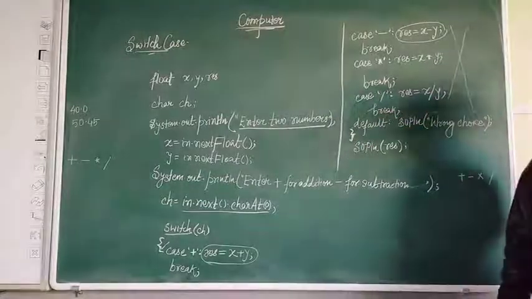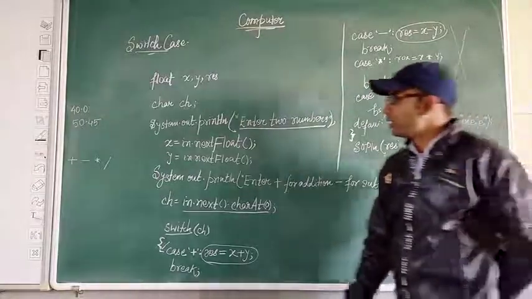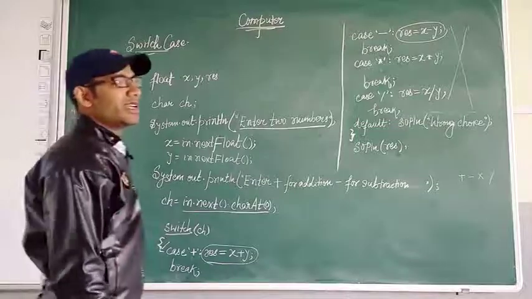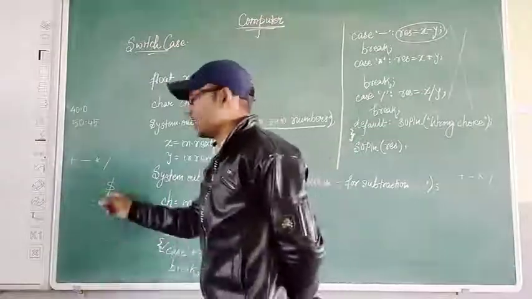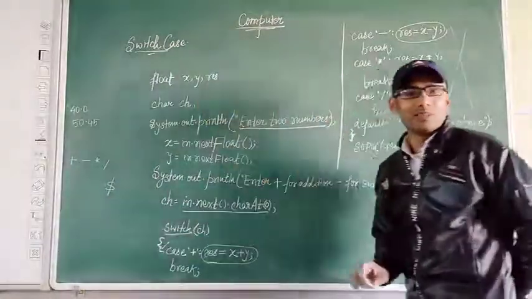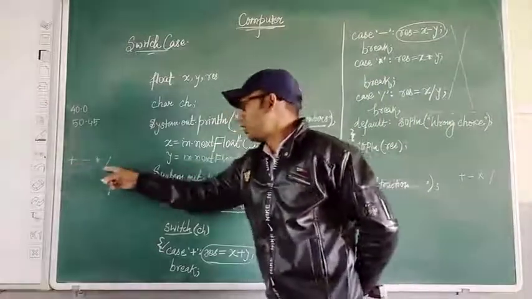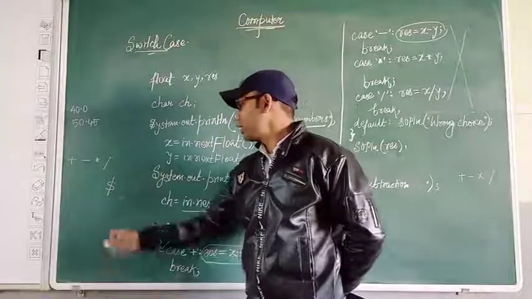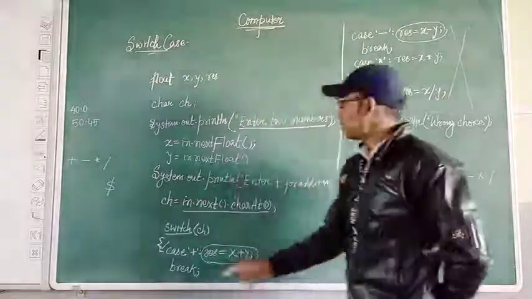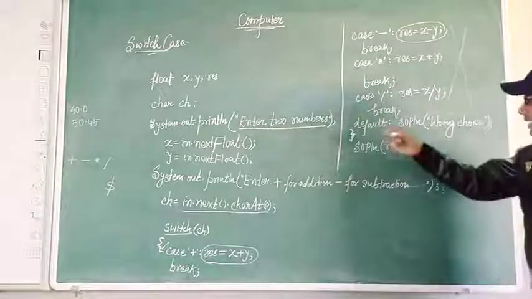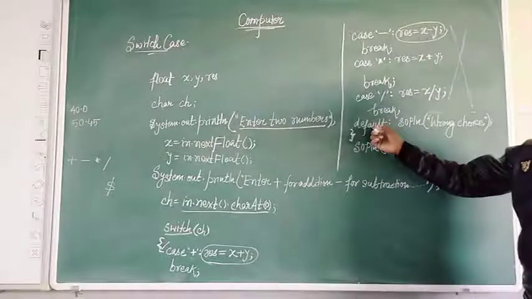Let's suppose, unfortunately, the user is very intelligent and gave this sign, meaning what? Out of the syllabus, you gave the option of only plus, minus and these four symbols, and unfortunately the user gave this symbol. So this symbol doesn't match any of the symbols, right? That is why a default is being given.